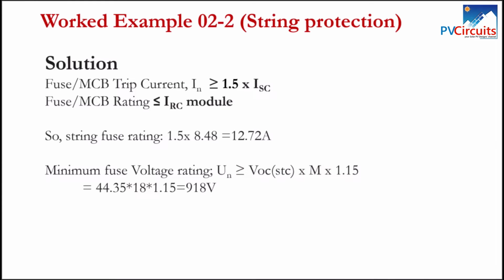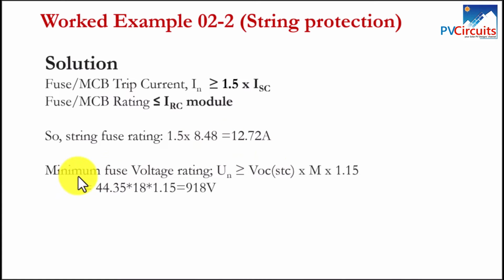And if we go further, we have the following conditions: the fuse or MCB trip current should be greater than or equal to 1.5 times ISC, and the fuse rating should be less than or equal to the module reverse current. So from this statement, the string fuse rating should be 1.5 times 8.48, which gives us 12.72.